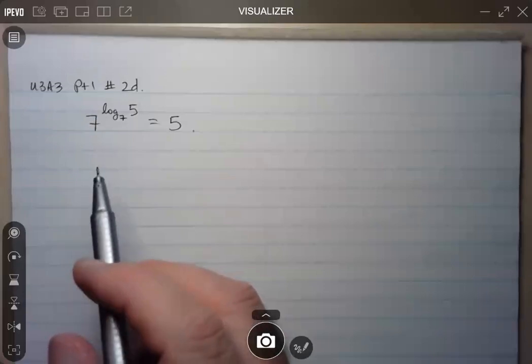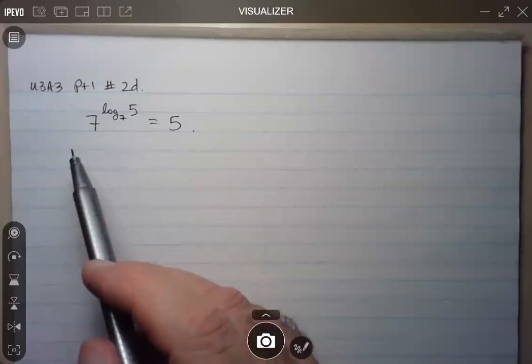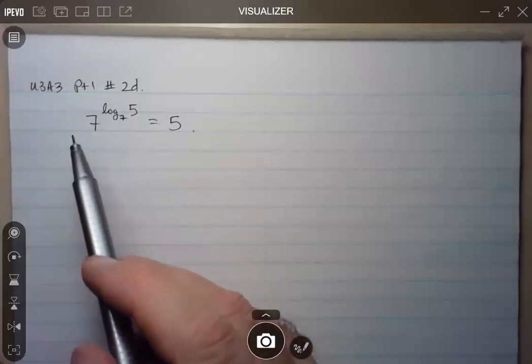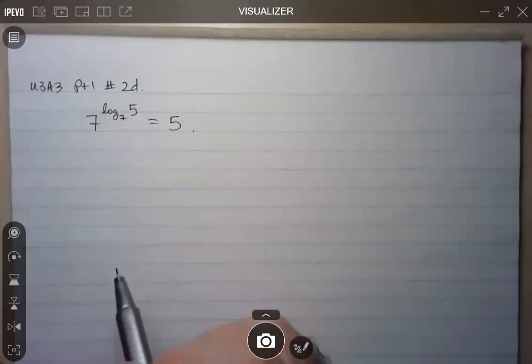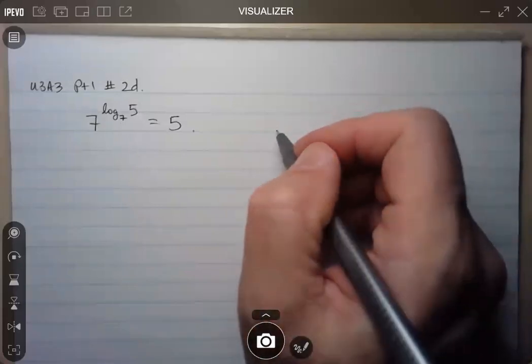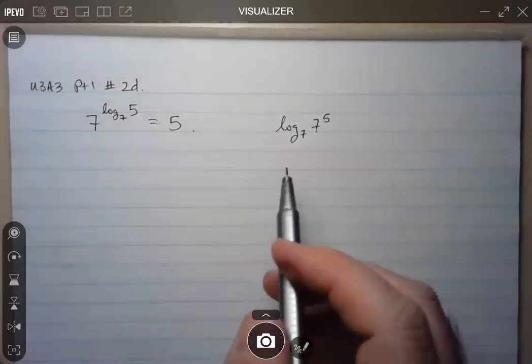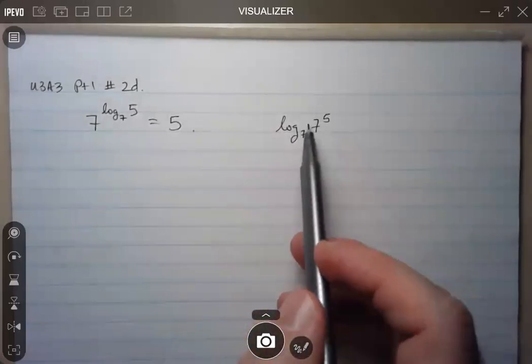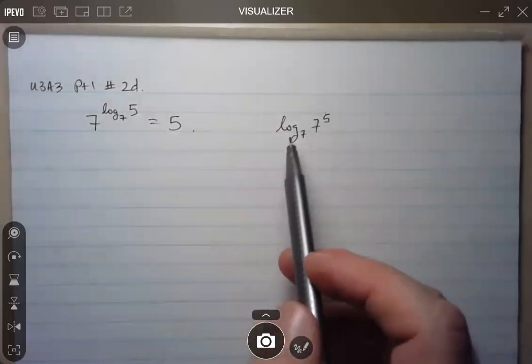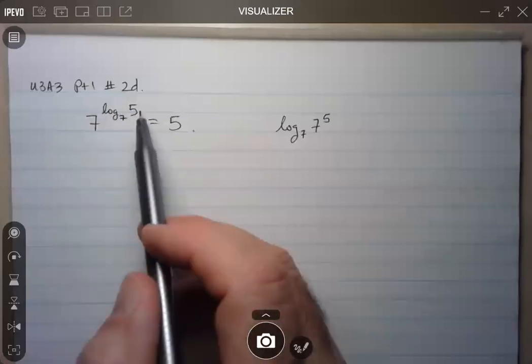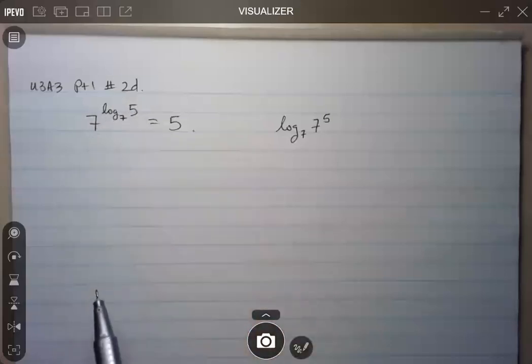The only thing I'll say here is very often we see this in the opposite direction. We tend to see log base 7 of 7 to the 5, the logarithm of an exponential expression. But of course, these two things, even in this context, are still inverses of each other, and so the effect is the same.